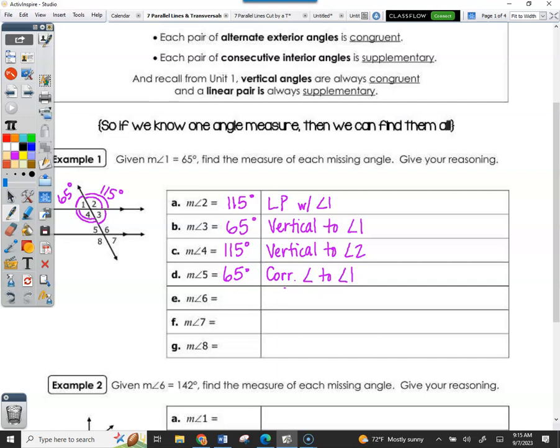Now, if 5 is 65, it's going to get crowded. I now can label 6, 7, and 8. What angle is vertical to 5? 7. And then, how do I get the measure for 6 and 8?